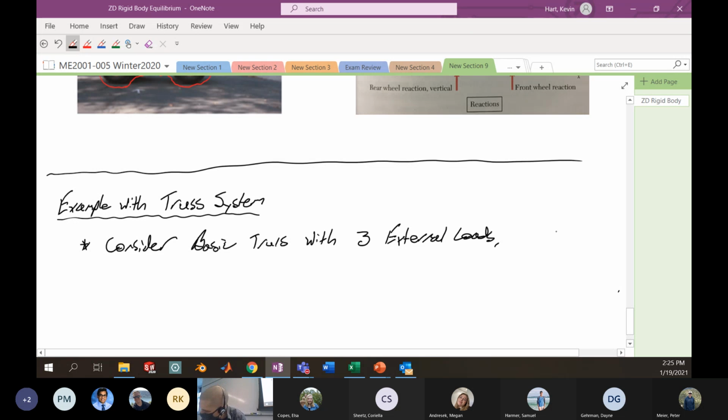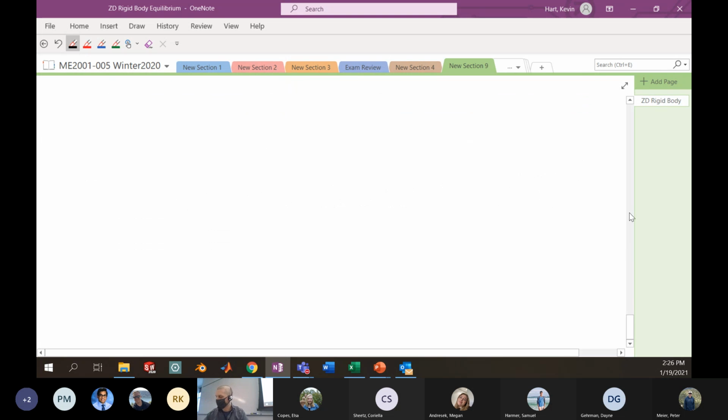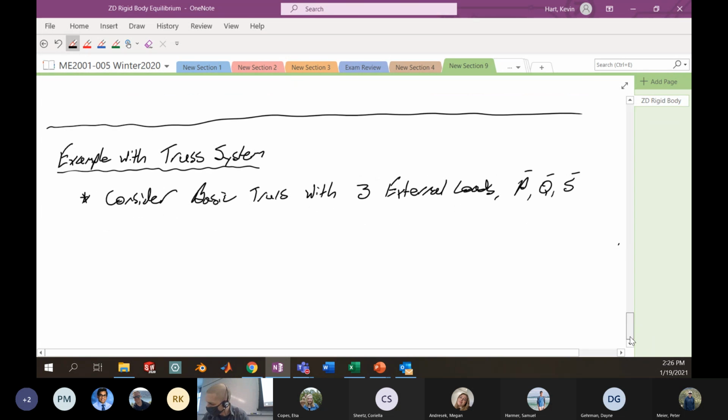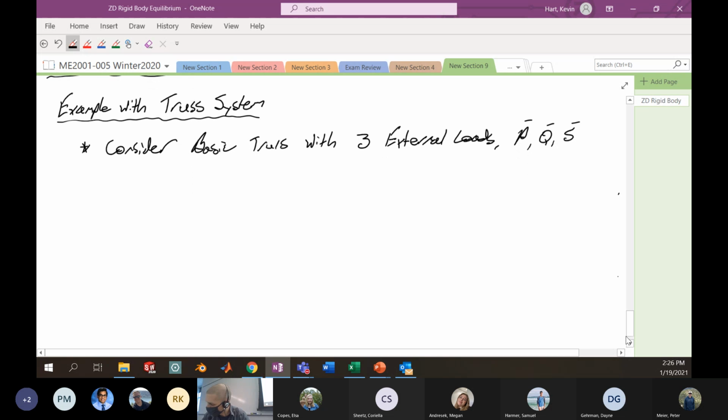We'll call them P, Q, and S. Okay, so let's draw what that might look like. I'm just going to create a very basic looking truss structure here. Think of each of these lines as a beam inside the truss, okay? And this is the same picture that's actually in your notes, okay?